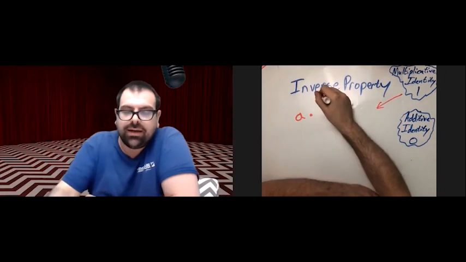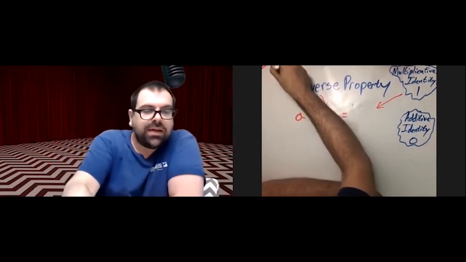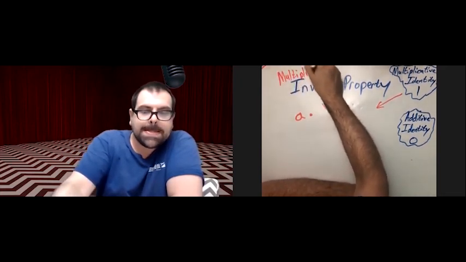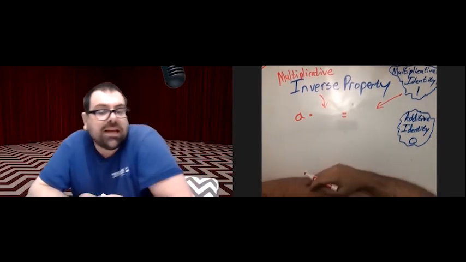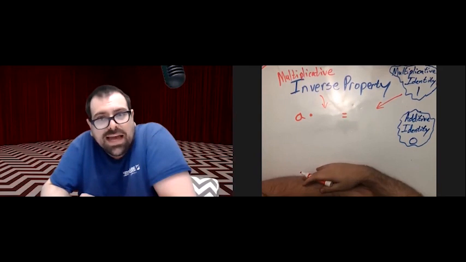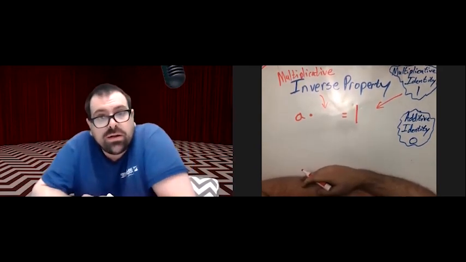And we're going to call it the inverse. This will be the multiplicative inverse, because we're going to use the multiplicative identity as our answer. We're going to try to get to 1.